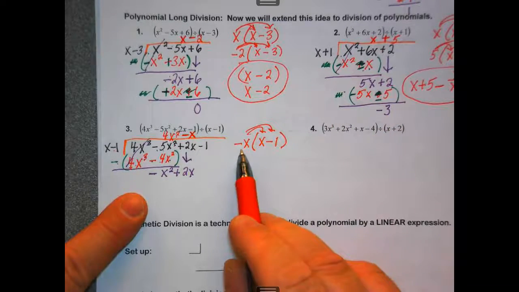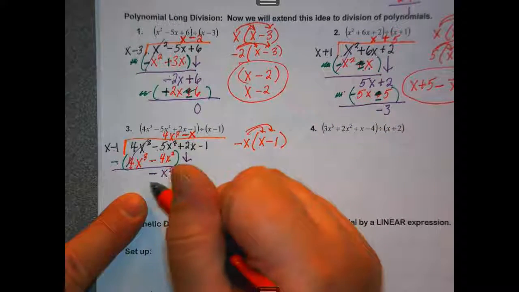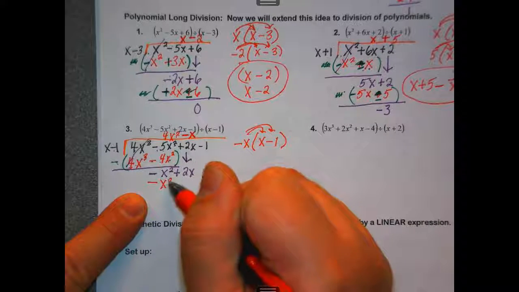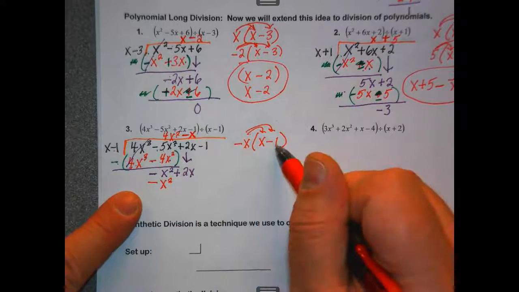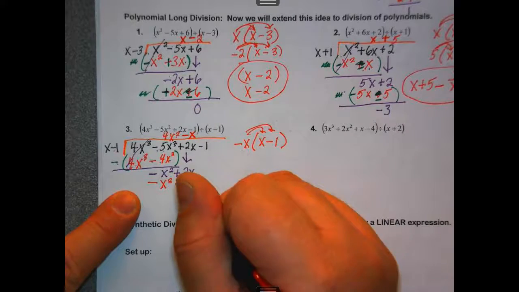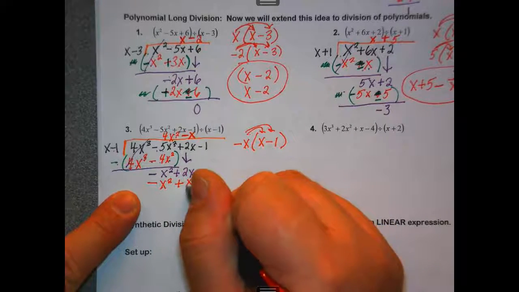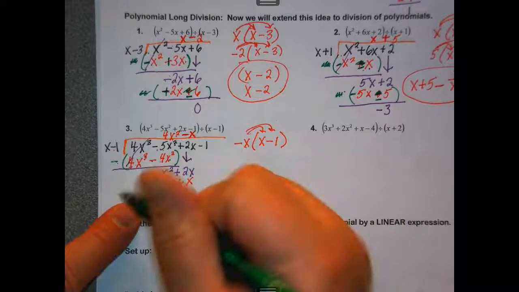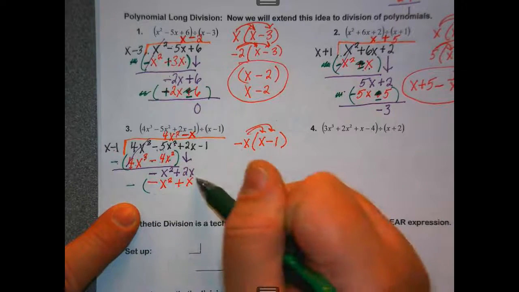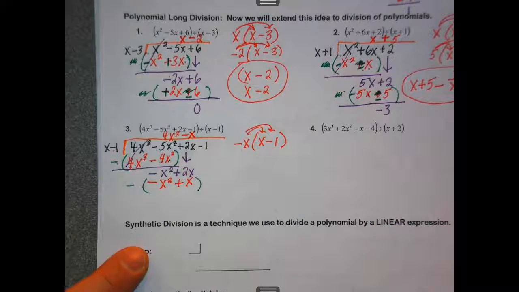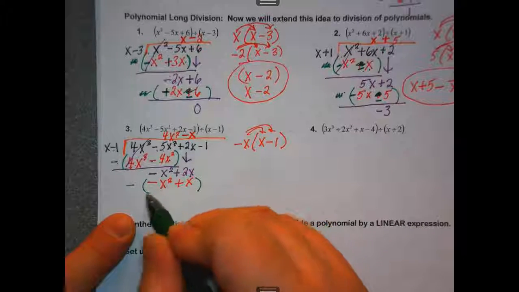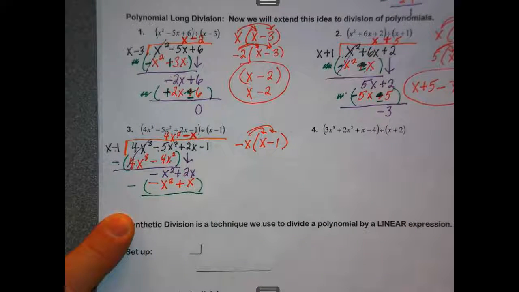Negative x times x, negative x squared, negative x times negative 1. Subtract the entire quantity. So this becomes a positive x squared. They cancel out.